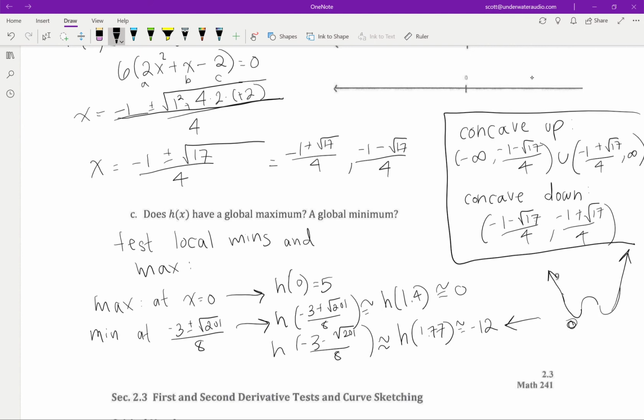That tells me there's not going to be any maximum value. A maximum has to be like a solid point. Infinity doesn't count as a maximum. So I would say no max, and then absolute min. The absolute minimum value is roughly -12.